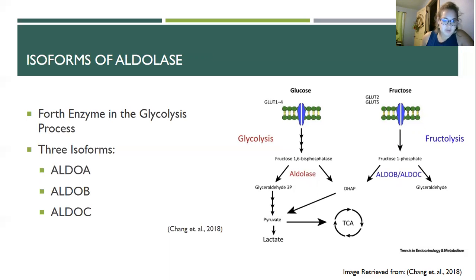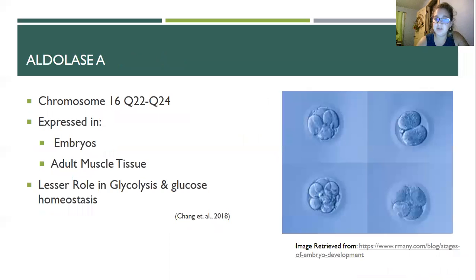To break these down, I also have a picture to the right here to show aldolase A, as well as aldo B and aldo C, which we'll talk about. So how these differentiate from each other.